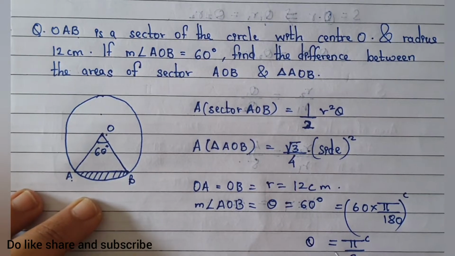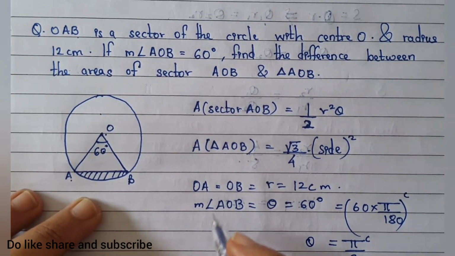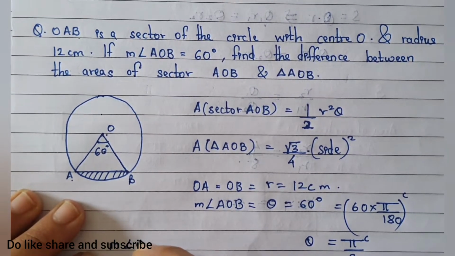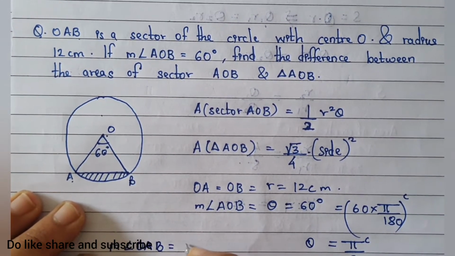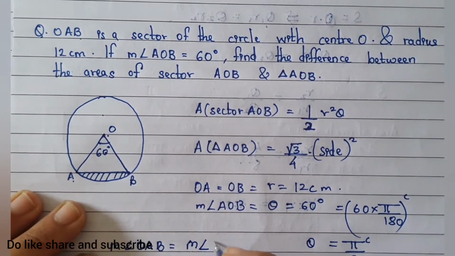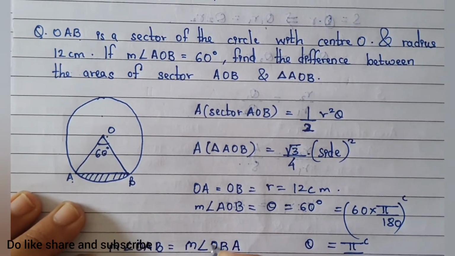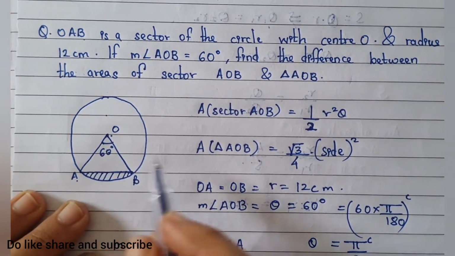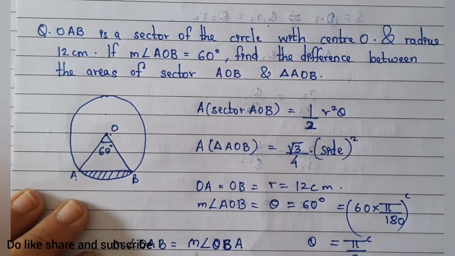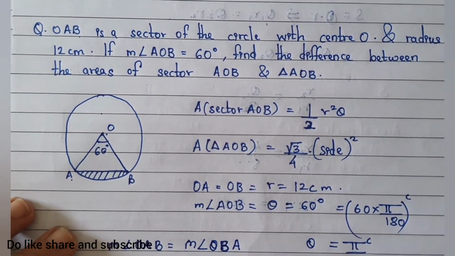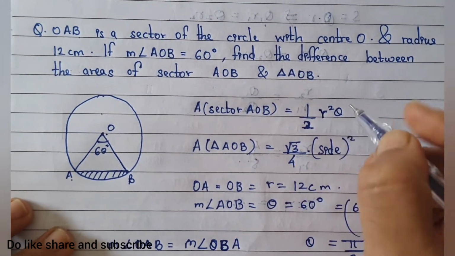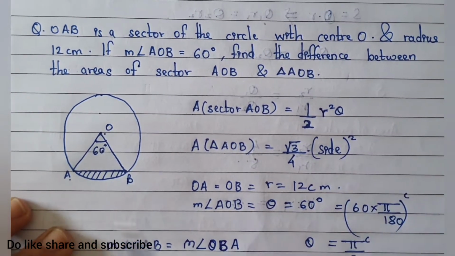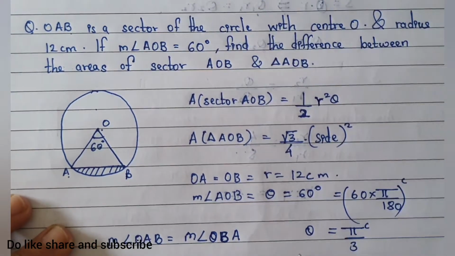So we have theta now in radians, and the measure of angle OAB is equal to the measure of angle OBA, as the sides opposite to them are equal, so these angles are equal. Now we have the values of r and theta, and the side is the radius only, so we'll substitute and calculate.